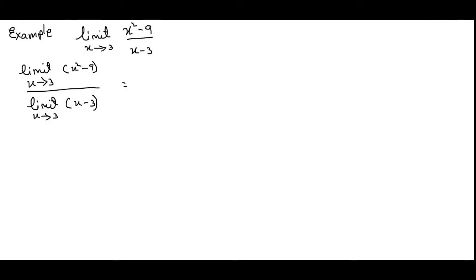When we apply the limit here, we get 3 square minus 9 and 3 minus 3. So 9 minus 9 divided by 3 minus 3, which is 0 by 0 form. Now, here we are going to apply the L'Hopital rule.